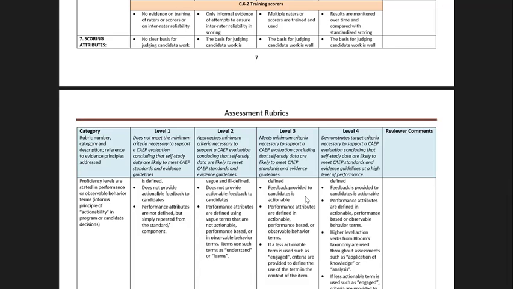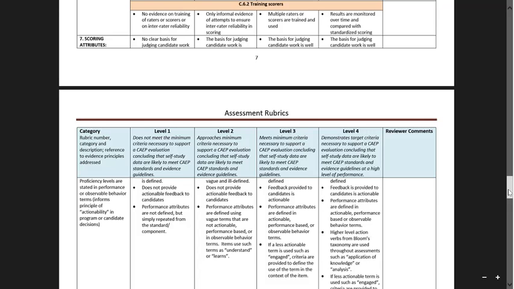However, these are the aspects of that performance that we're missing or need improvement. Perhaps it's questioning, perhaps it's this or that, but the rubric would give your scorers a way into a conversation with candidates about how to improve their performance.